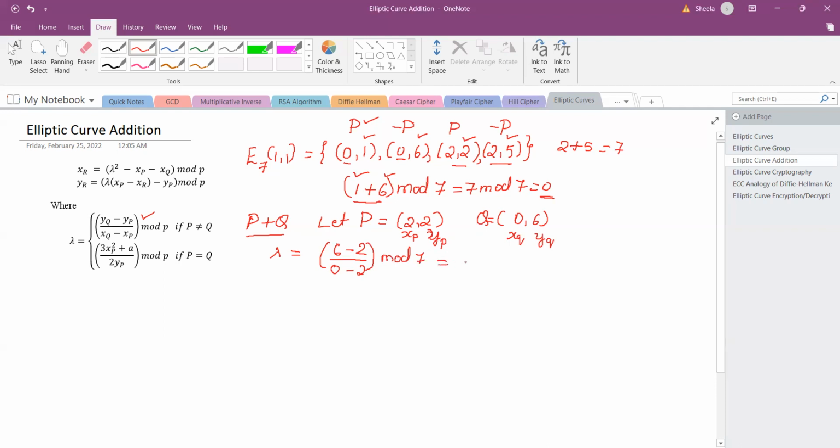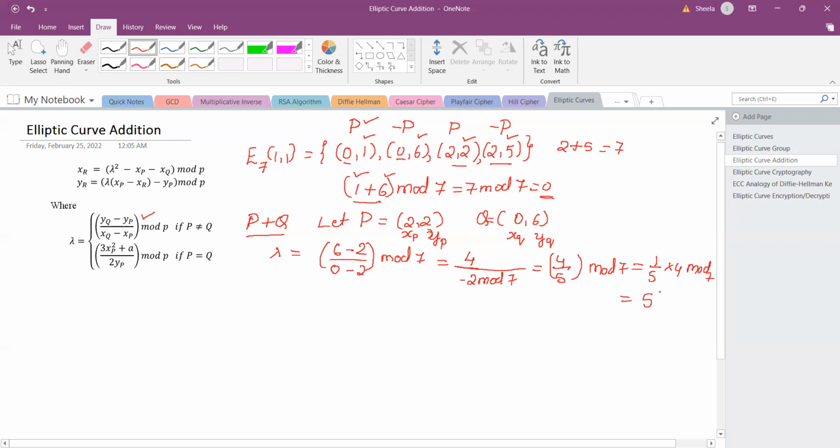So now here we are going to get 6 minus 2 is 4, and minus 2 mod 7 means we are going to get the additive inverse of 2, that is 5, so 4 by 5. For this we have to consider mod 7. This can be written as 1 by 5 into 4, mod 7, and this is nothing but 5 inverse into 4 mod 7.